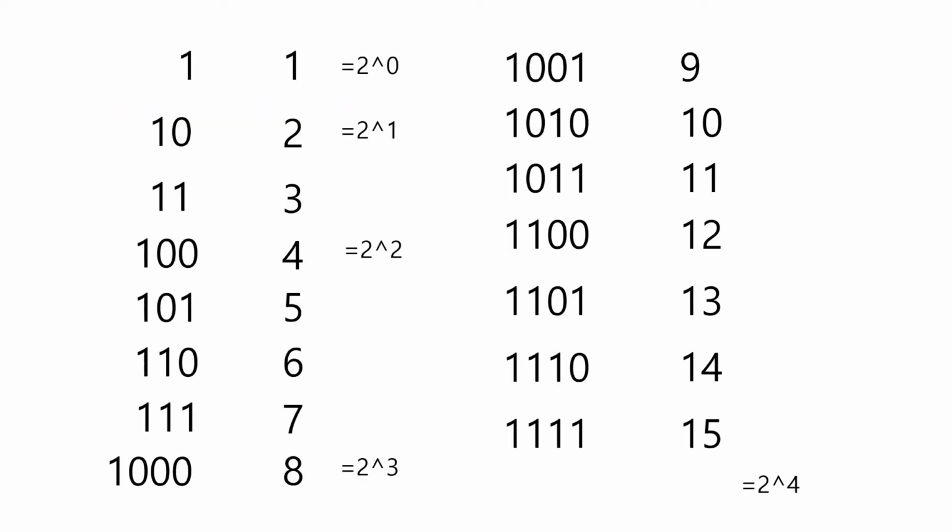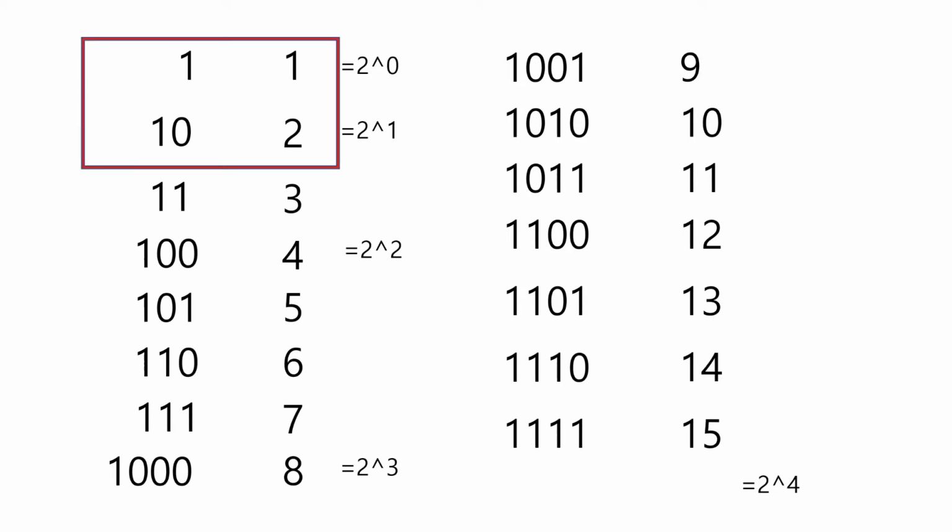Right. I just enumerated all numbers from 1 to 15, with the corresponding binary number for each integer. Then I'm going to find the simple rule between two numbers.